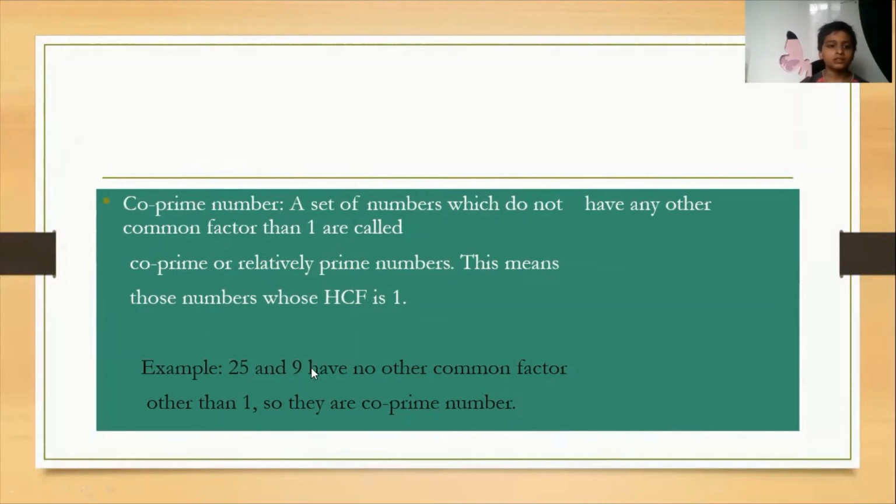This means those numbers whose HCF is 1. Example, 25 and 9 have no common factor other than 1, so they are co-prime numbers.